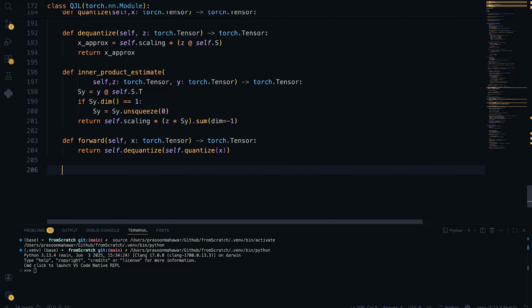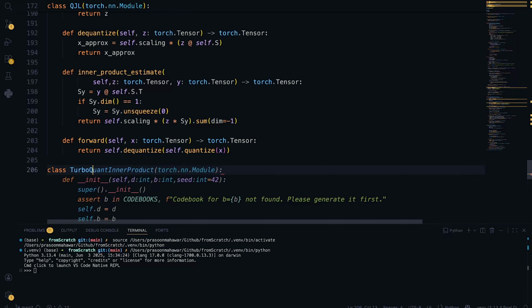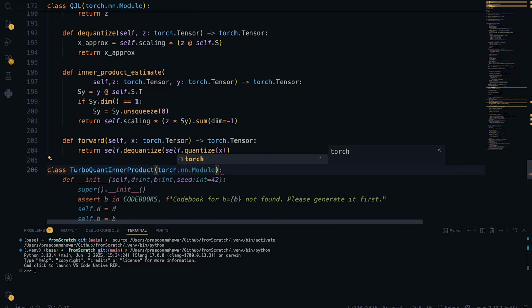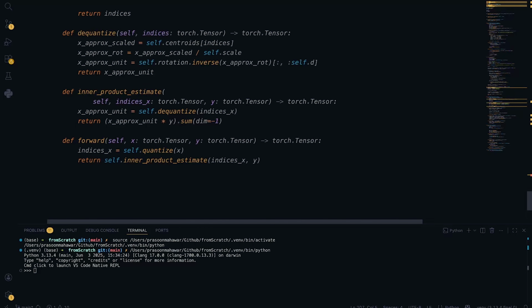To do that, we will define a class called, let's say, TurboQuantInnerProduct, and this will take torch.nn.Module as a superclass.